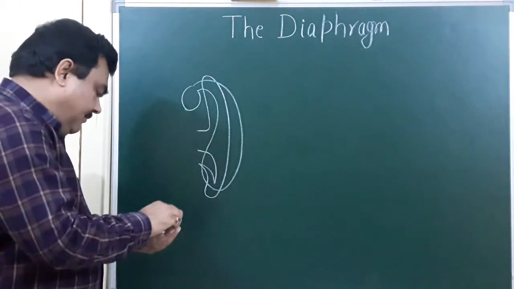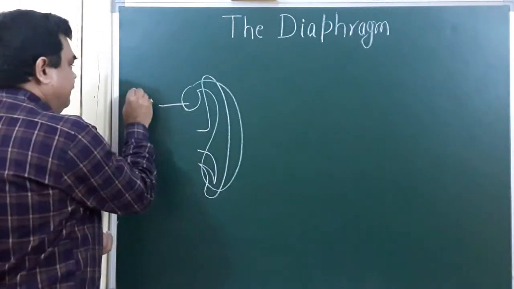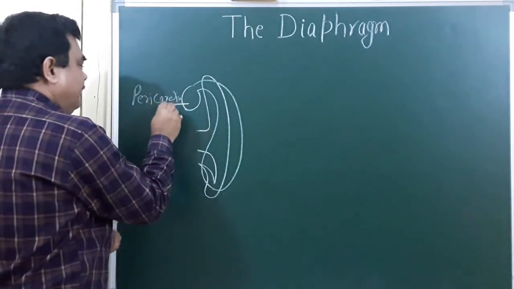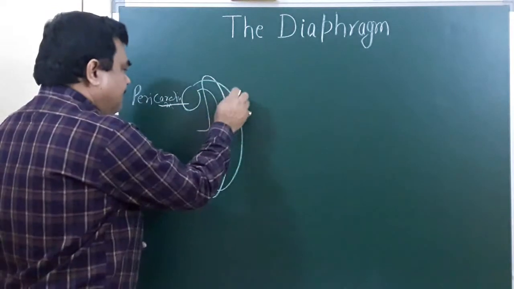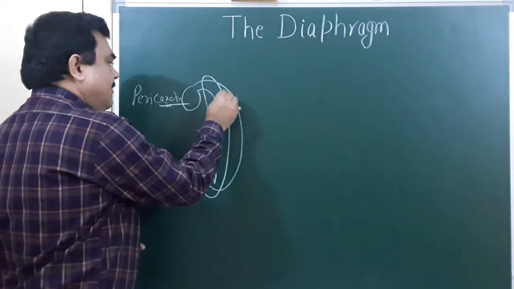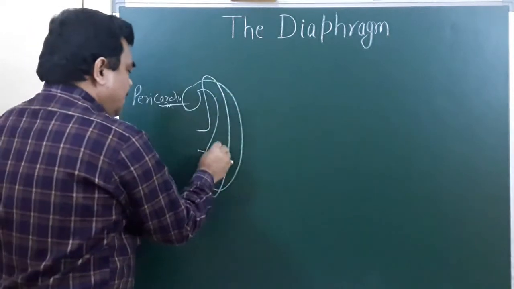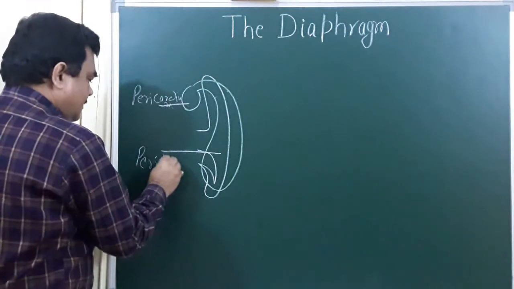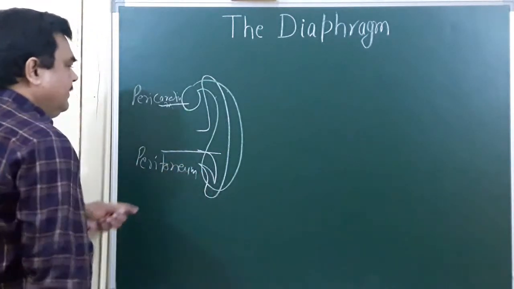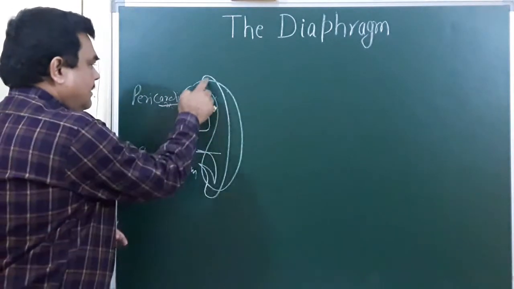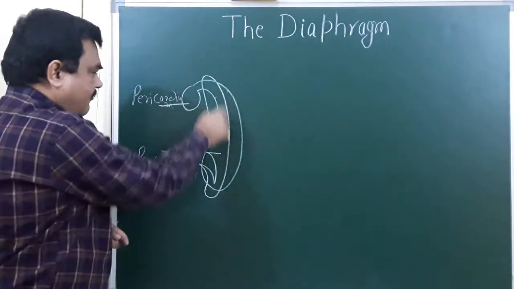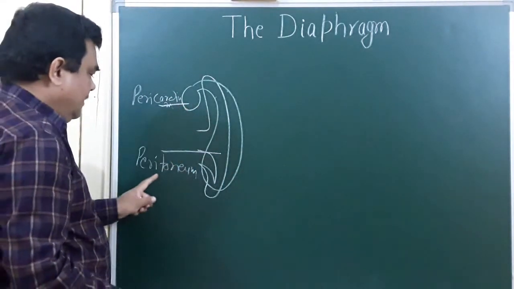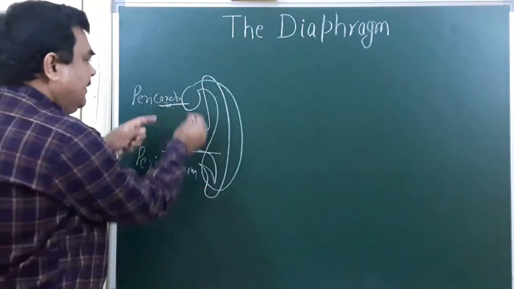This is the developing pericardium. And this part, from here to this portion, this is the developing peritoneum. And this part, this is foregut, this is midgut, hindgut. This is pericardium developing, this is peritoneum.